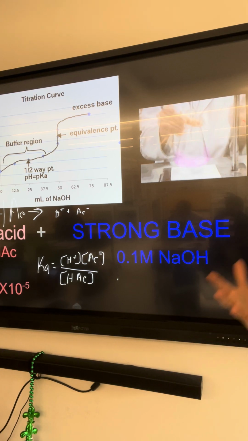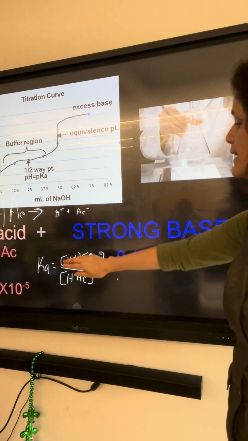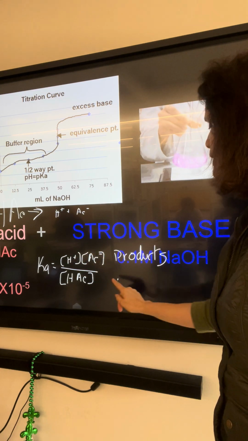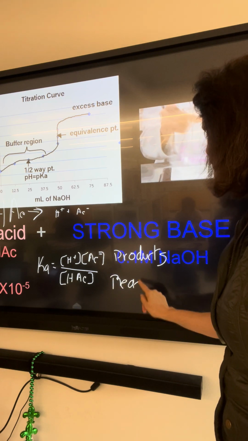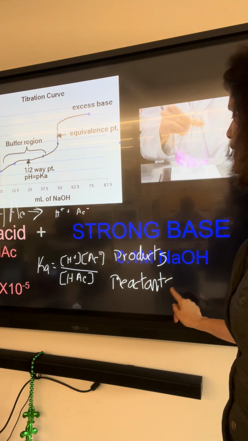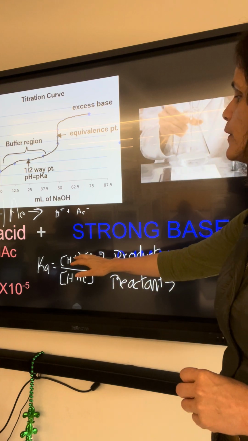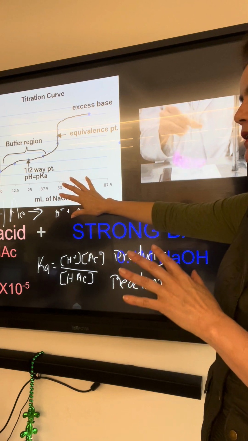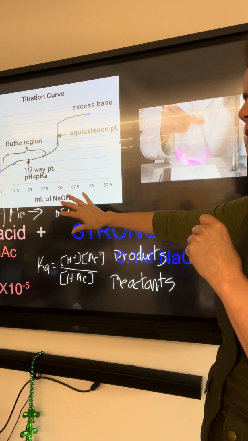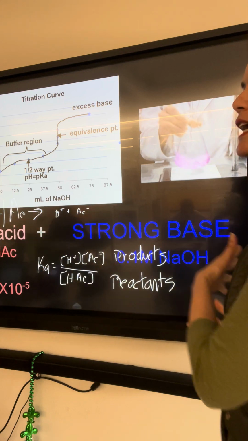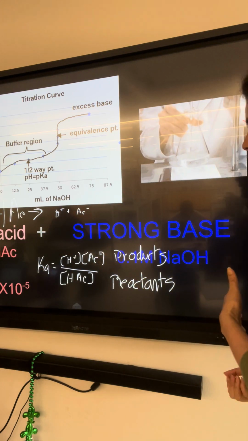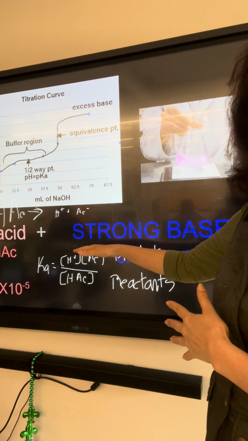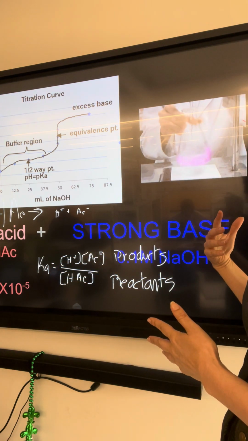If these are products and these are reactants, if I have more products than reactants, what does that mean, Autumn? That it's so strong. That's strong because it dissociated, right? Most of it dissociated. So that number, Ka, will be greater than 1, right? If the numerator is bigger, the result will be greater than 1.